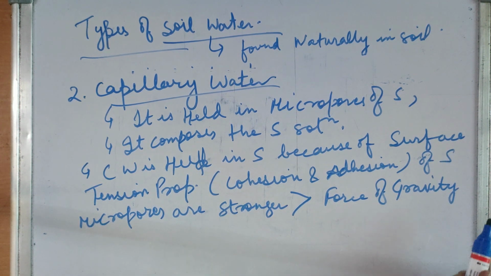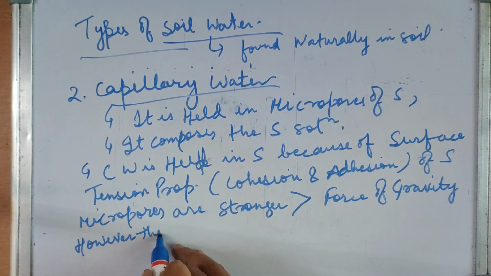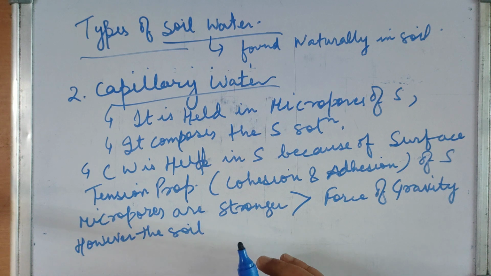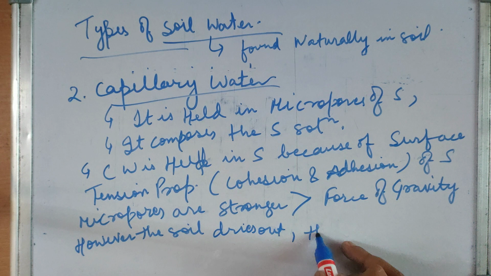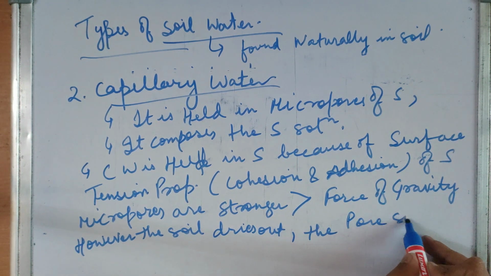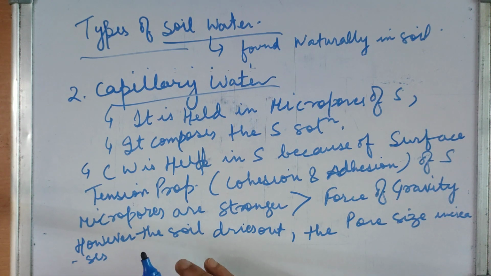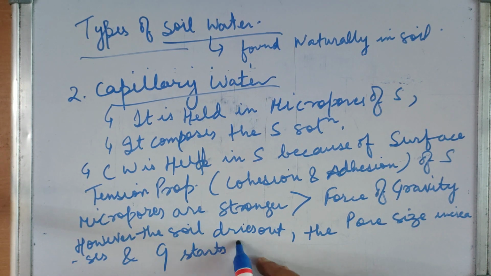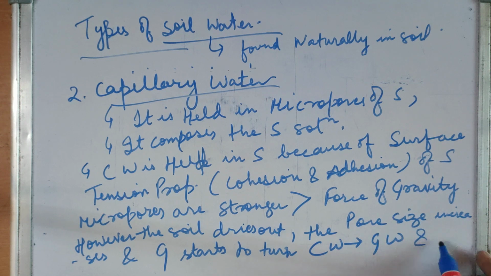However, as the soil dries out, the pore size increases, and gravity starts to turn capillary water into gravitational water, and it moves down.